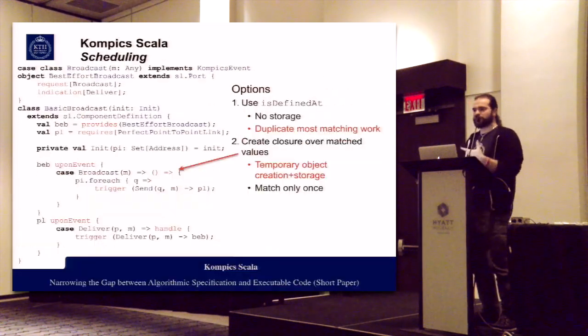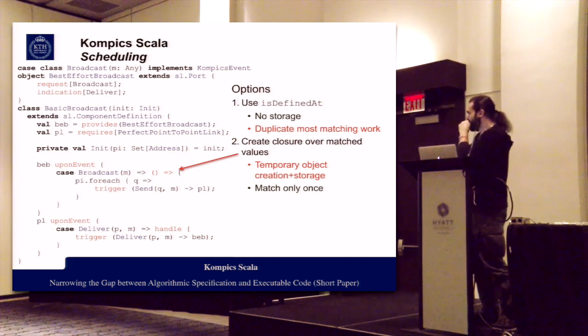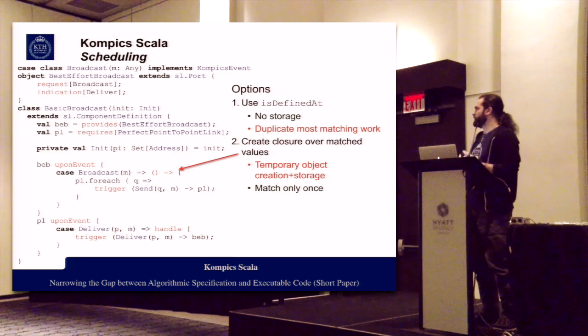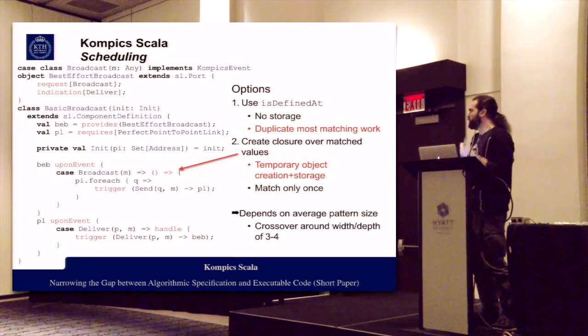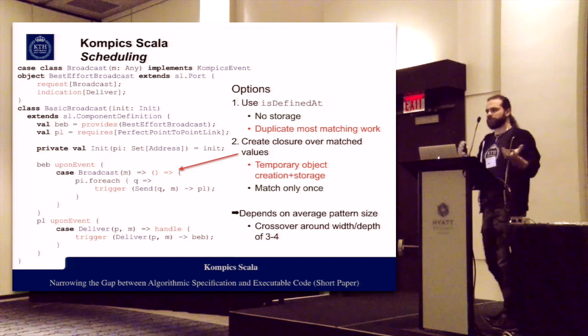And that is in fact the version that's currently executed, and that is what this handle basically means. It is nothing but a nicely readable way of creating a closure from unit to unit. And this has the disadvantage that we have a temporary object creation. We have to store it. We are throwing work at the garbage collector, but we're only doing the match once. So clearly there's some trade-off between those two things.